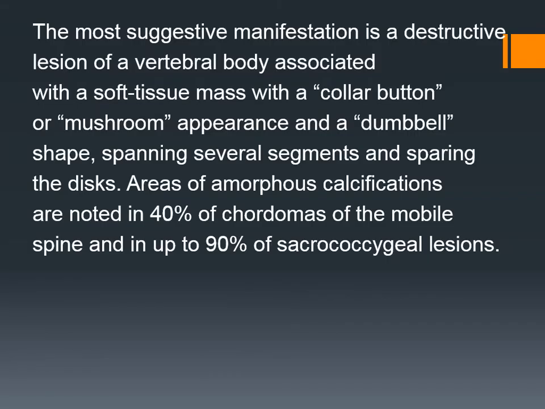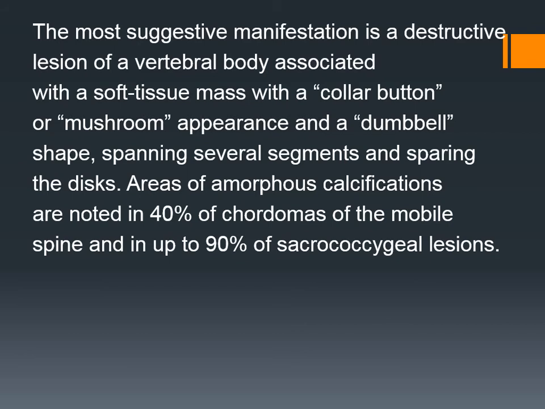The most aggressive manifestation is a destructive lesion of a vertebral body associated with a soft tissue mass with a collar button or mushroom appearance and a dumbbell shape, spanning cervical segments and sparing the discs. So: abnormal vertebra, normal disc; multiple abnormal vertebrae, normal discs.